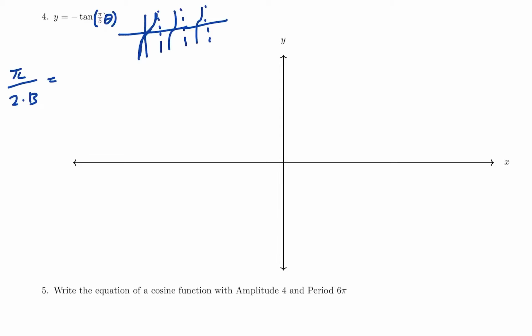It should be negative tangent of pi over 5 times the input value, theta or x. So we have pi over 2 divided by pi over 5, and if we simplify that, we get 5 over 2.